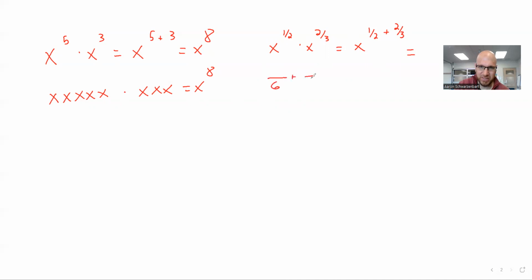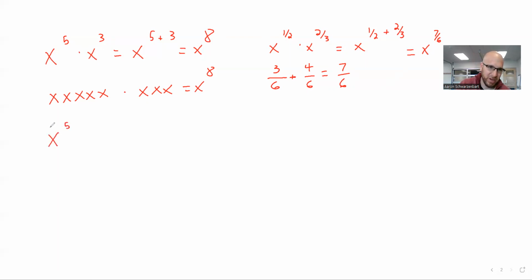That common denominator is 6. 1/2 is 3/6, because 3 times 2 is 6, so 3 times 1 is my 3 here. 2/3, 3 times 2 is 6, so 2 times 2 is 4. Add the numerators, 7/6. So this comes out to be x to the 7/6. So that's rule number 1. When I multiply with like bases, bases being my x's, I just add the exponents.